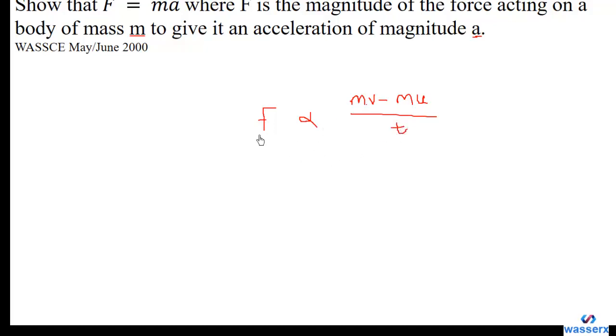Now we can introduce a constant, but before then let us factor the mass out to get F directly proportional to m times (v minus u) all over t.